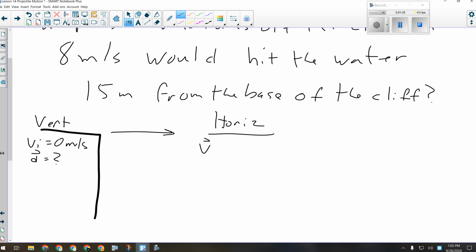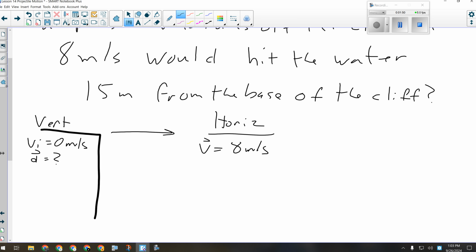Horizontally, does their velocity change? No. Whatever velocity you have horizontally, that's the velocity you have the entire time. We're working in the perfect physical world where there's no air resistance or anything that would slow you down. And they hit the water 15 meters from the base of the cliff.